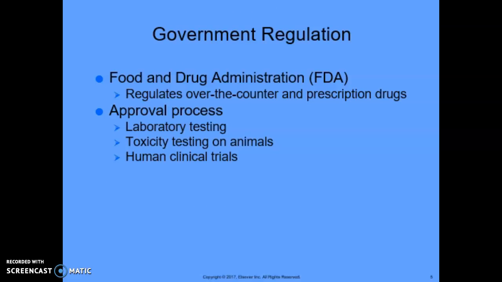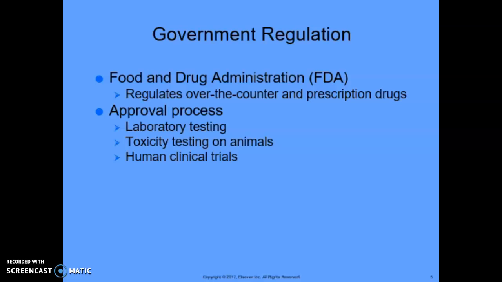Remember about government regulations: the Food and Drug Administration, the FDA, regulates over-the-counter and prescription drugs. There is an approval process that includes laboratory testing, toxicity testing on animals, and human clinical trials.